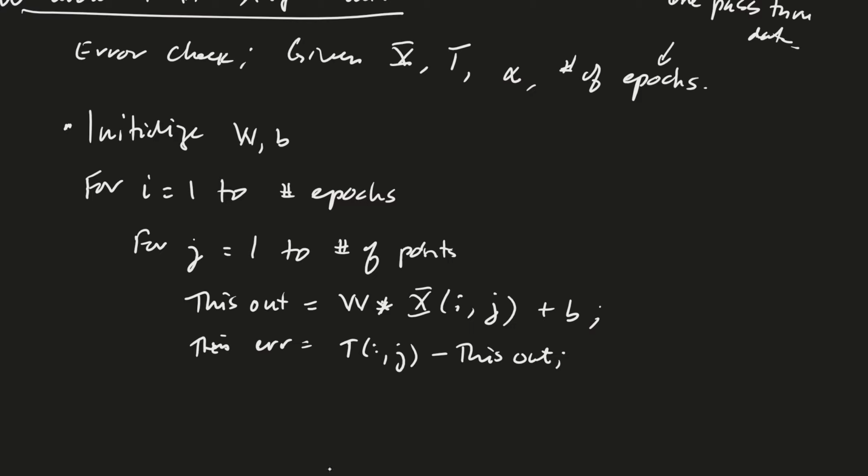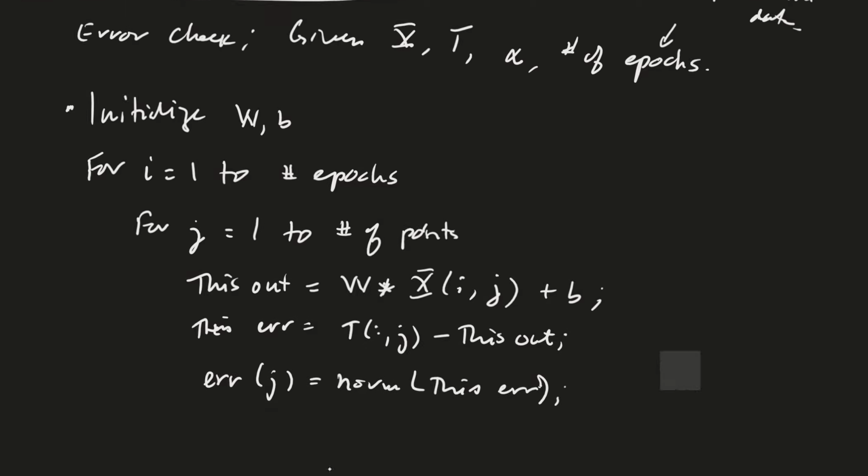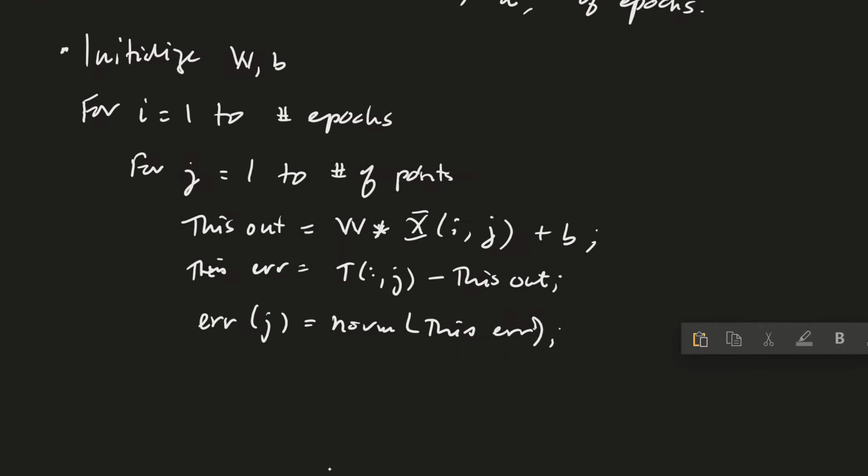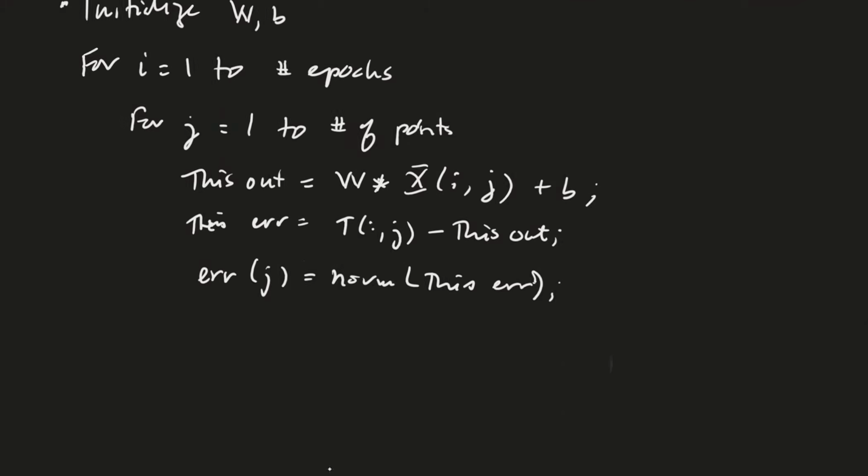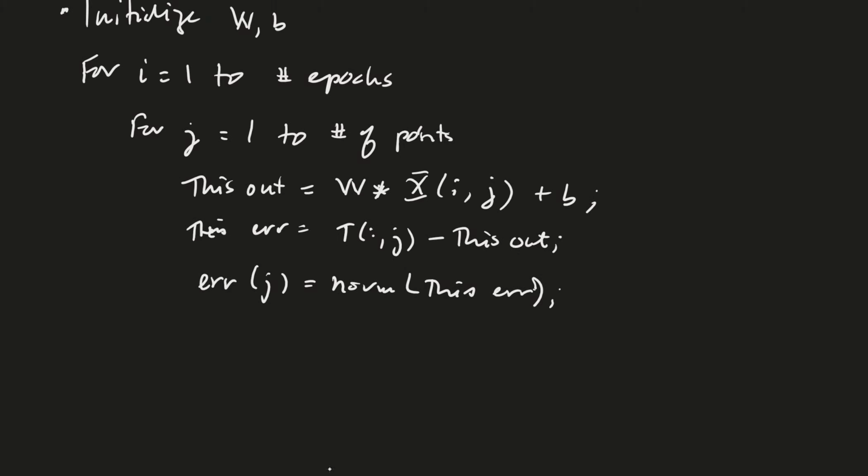And then you could take the error at j to be equal to the norm of this error if you want. Actually, this isn't very good pseudocode. I'm basically writing down the MATLAB code. If you want to set your alpha, you would here. But if we're given the alpha, we'll just go ahead and do our update.